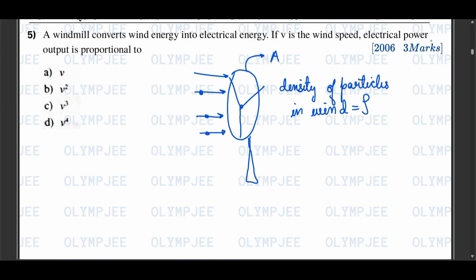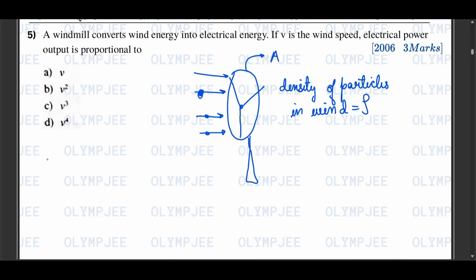So what is power? Power is the energy produced by this windmill every second. So for that we need to find out the energy of an individual particle, and then we need to multiply the energy of an individual particle with the number of particles passing through the windmill every second, right?